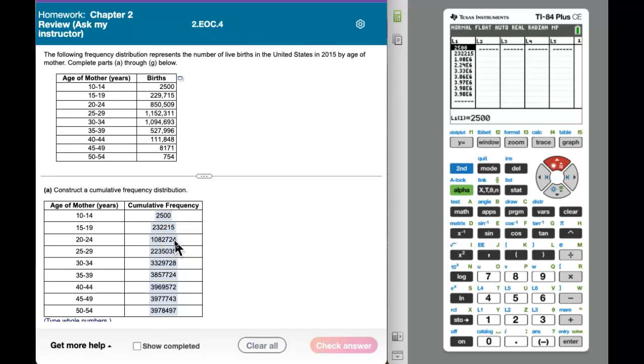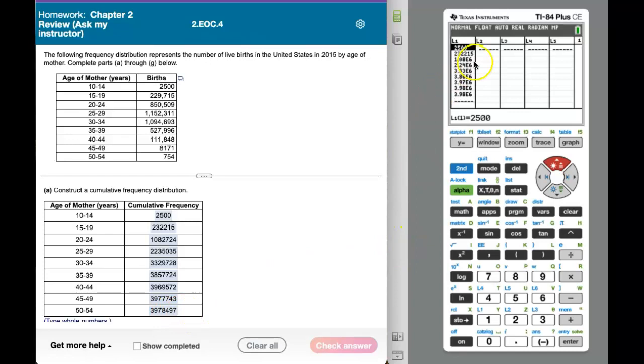And you continue doing that, keep on accumulating frequencies until you get to the final number of frequencies, which for the whole table is 3,978,497. Now, to change from cumulative frequency to relative cumulative frequency, what we're going to do is just divide by the total number of frequencies.